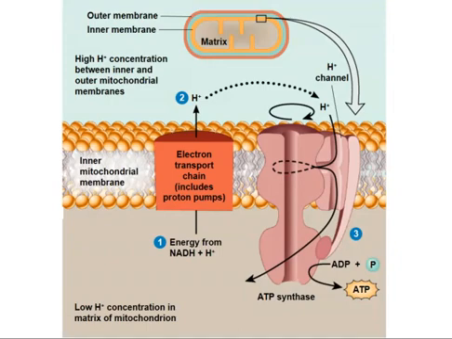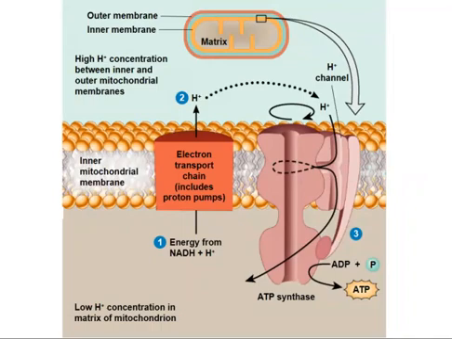We have our outer membrane, inner membrane, and inside the inner membrane we have our matrix. We have the hydrogen channel, and then, as I mentioned before, a high hydrogen concentration between the inner and outer mitochondrial membrane.